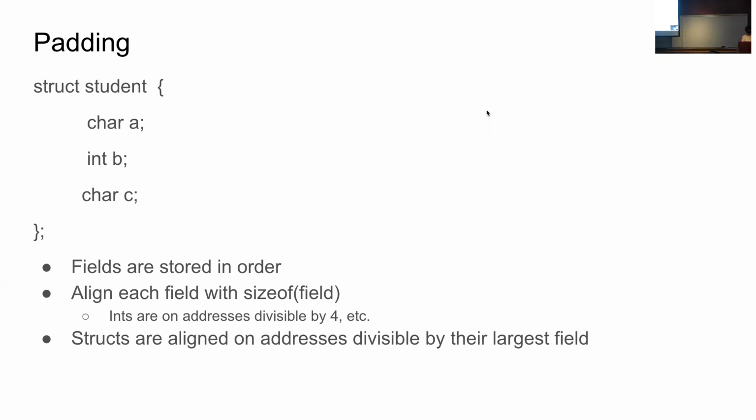What align means is where can we store this field in memory, right? Where can we store it? What multiple does it have to be on? So it has to be on a multiple of its own size. So character is size 1, so it has to be on a multiple of 1, right? So it can be any number basically. For B, it has to be on a multiple of 4, right? So it can be 0, 4, 8, and so on. There will be an example.